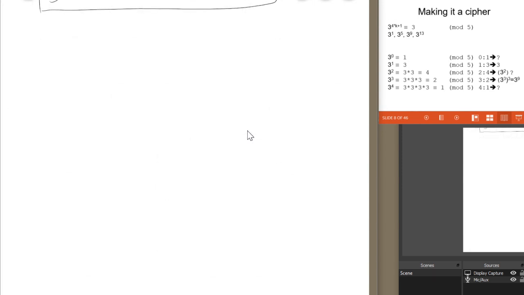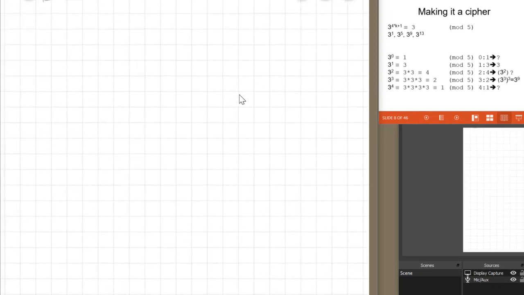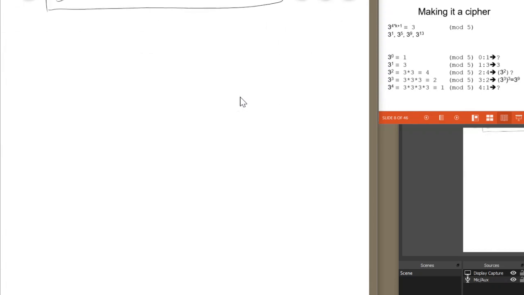So let's return to the general format, but not mod 11, mod 5. We are going to have 3 to the power 5 minus 1, which is 4 times k plus 1, congruent with 3 mod 5.